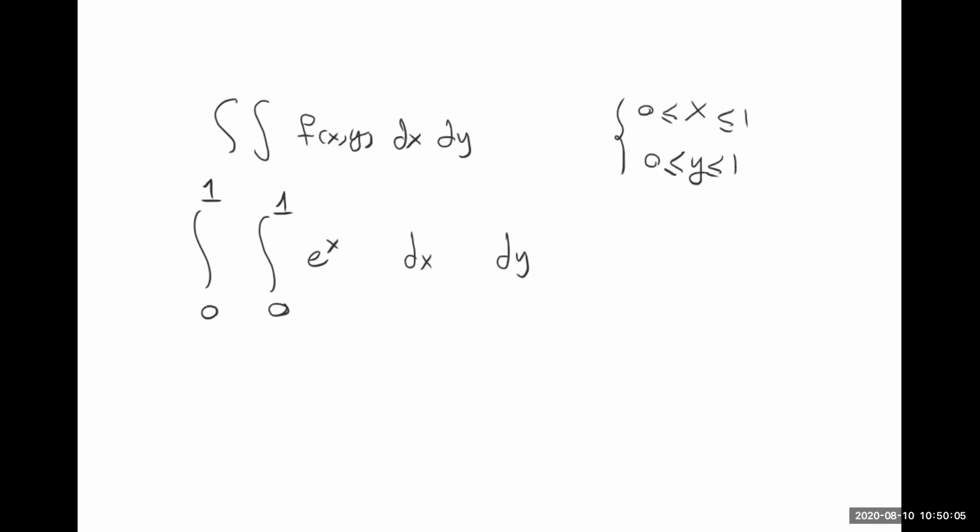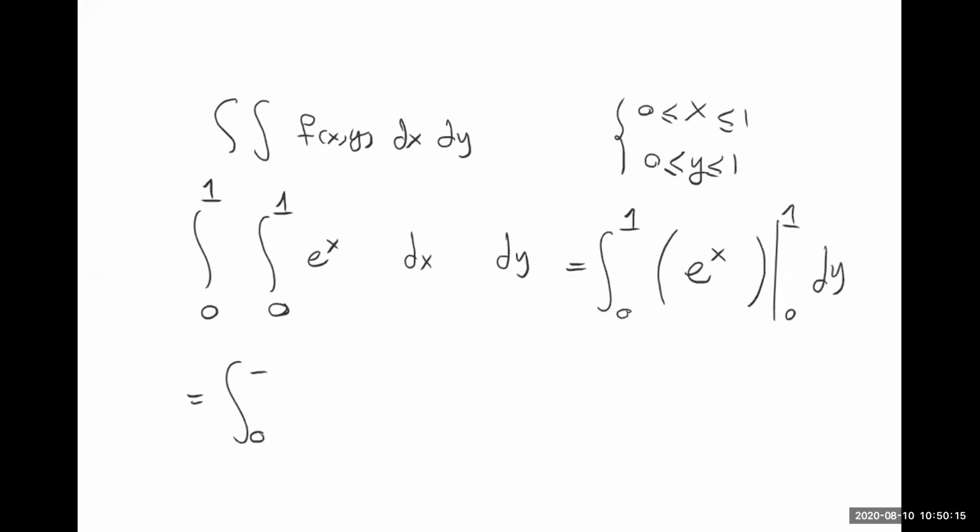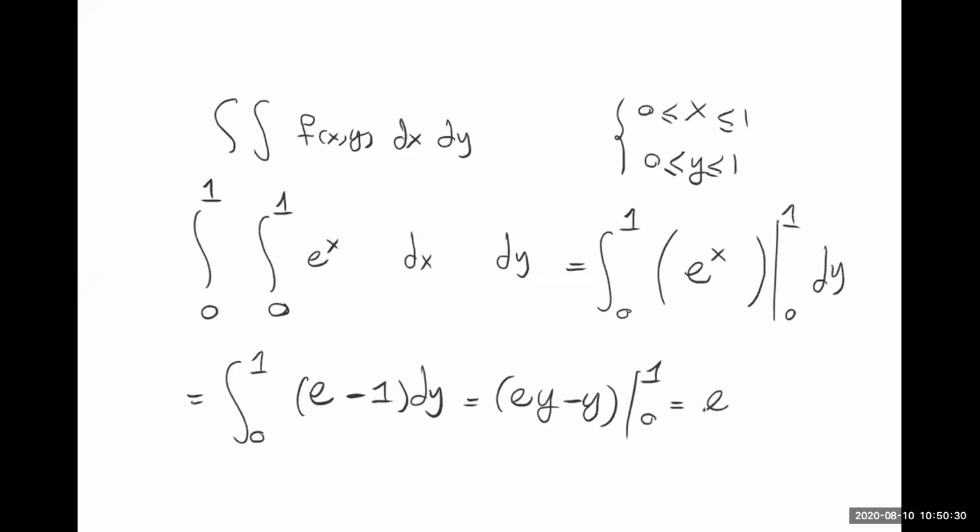So the integral of e to the x with respect to x is again e to the x, from 0 to 1. So it would be e minus e to the 0, which is 1. And then I should take the integral with respect to y, which would be (e minus 1) times y, from 0 to 1, which is e minus 1. That would be the volume of that region we just saw.